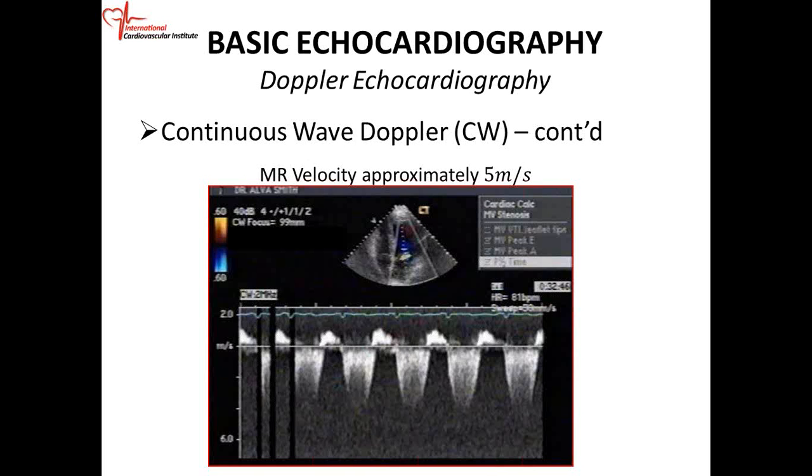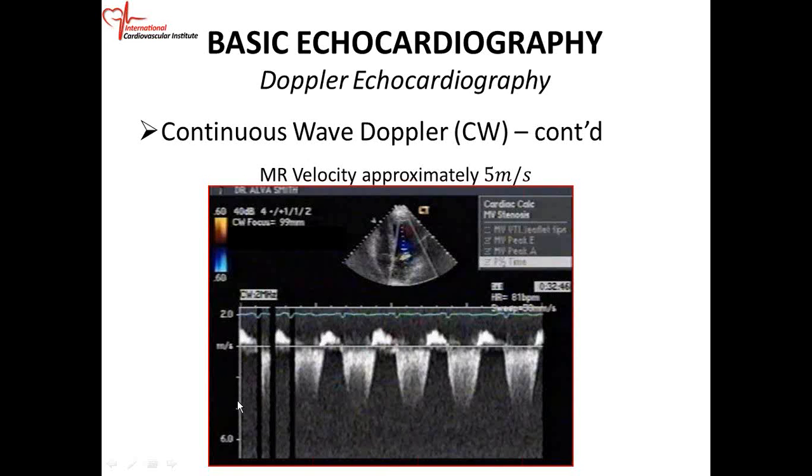That's a systolic phenomenon. If you analyze it right here, this is your 4-chamber view on top. Your sample volume is across the mitral valve, and your transducer is right here. In systole, blood is flowing from the left ventricle across the mitral valve into the left atrium. It's moving away from the transducer, hence it's below the baseline, but each of these markings is 2 meters per second.